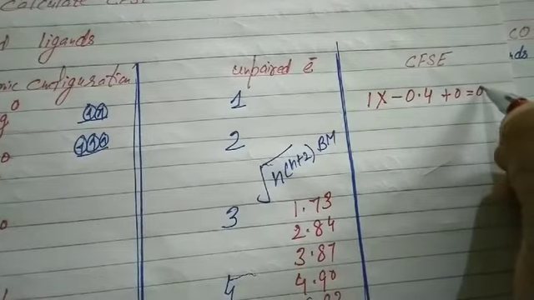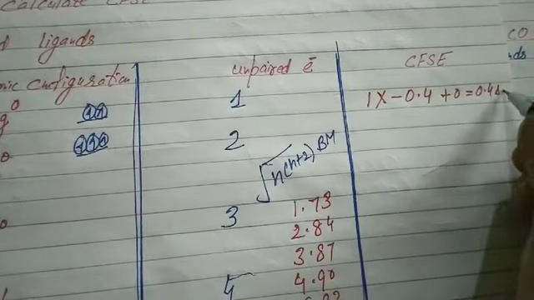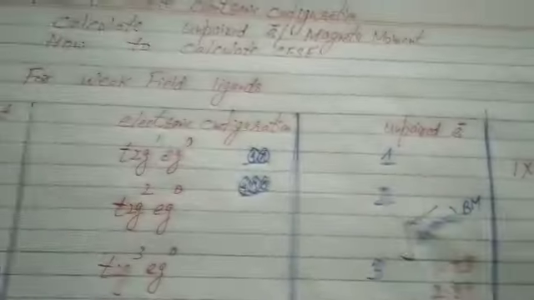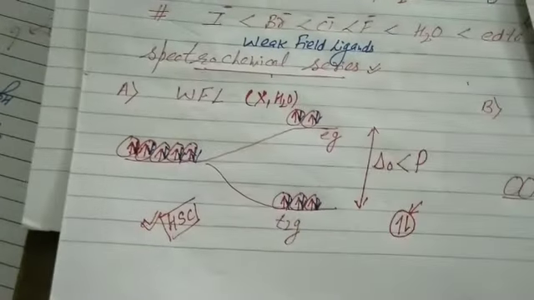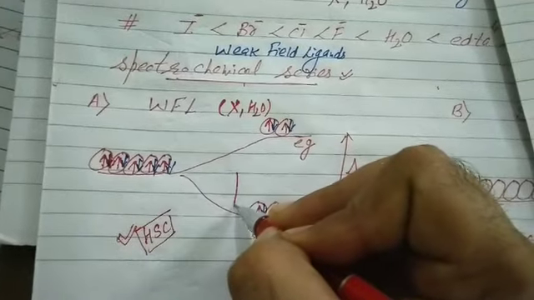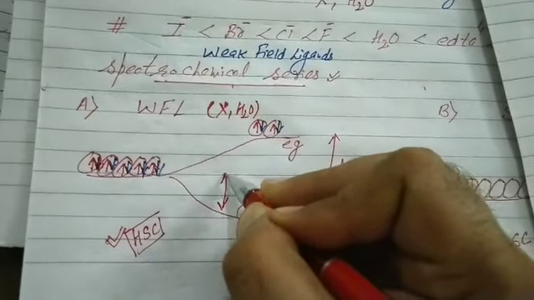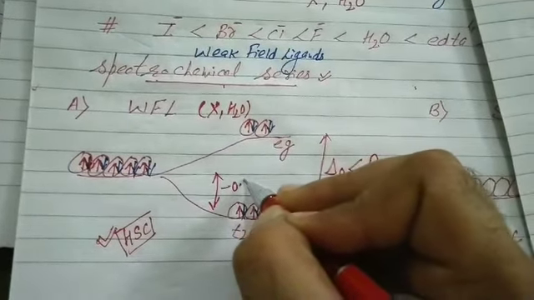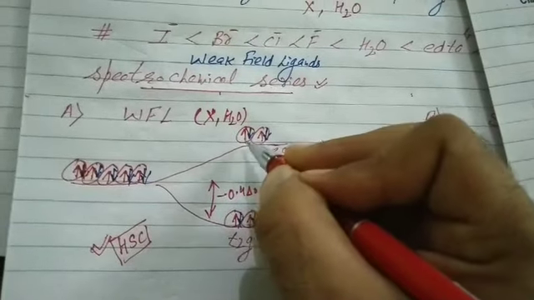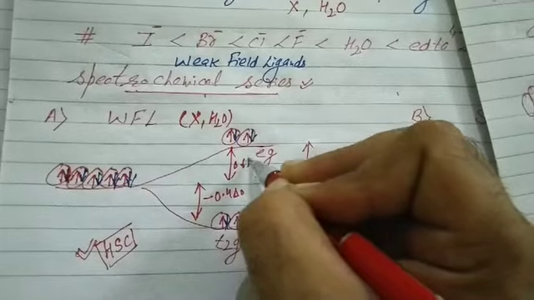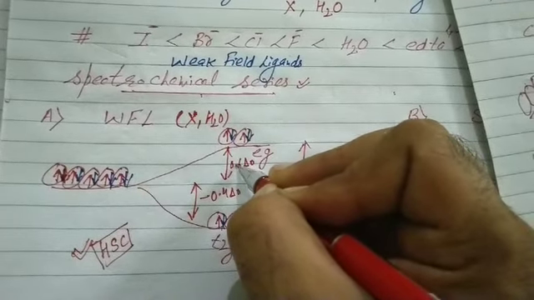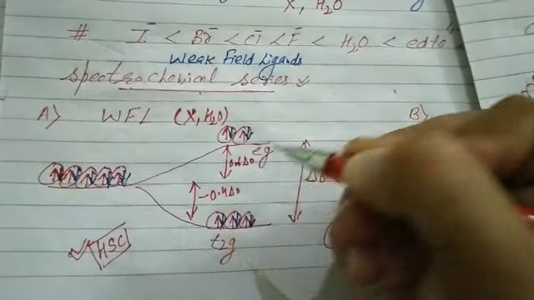Our answer is minus 0.4 delta naught. When we study, I explained you crystal field splitting occurs in such a way that average energy does not change. Net decrease was equal to minus 0.4 delta naught, and for eg level it was 0.6 delta naught. If it is eg, multiply by 0.6. If it is t2g level, multiply by minus 0.4.